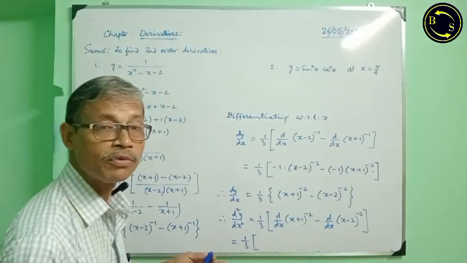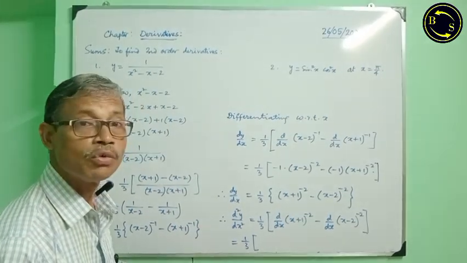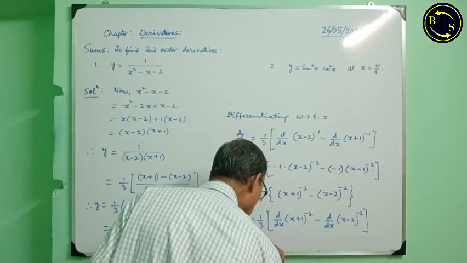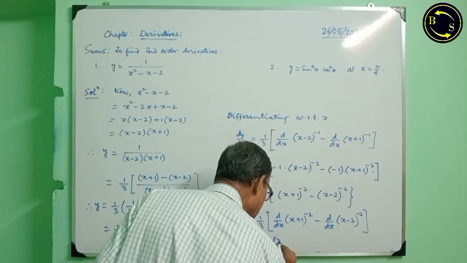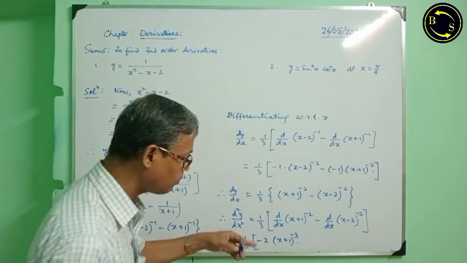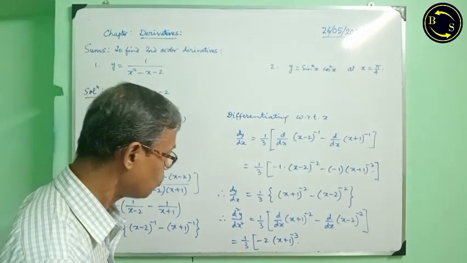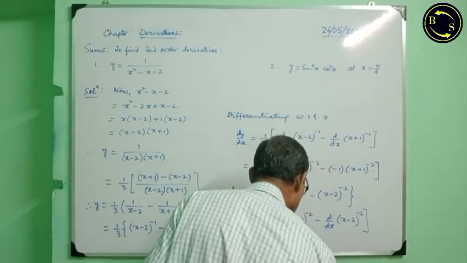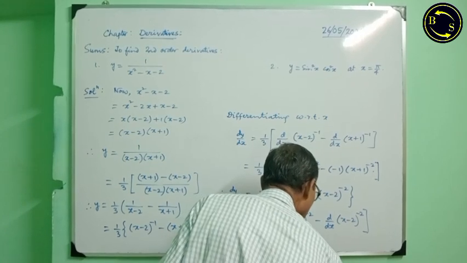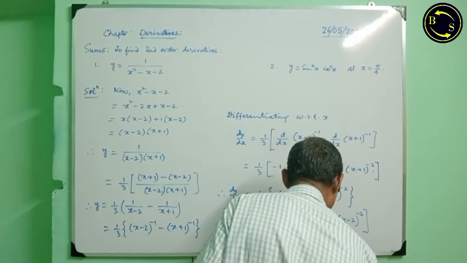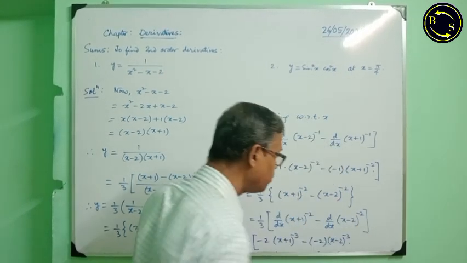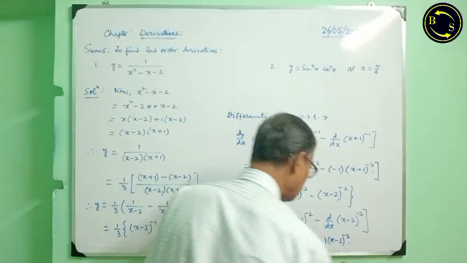Therefore, the derivative of u to the power minus 2 with respect to u is minus 2 u to the power minus 3, into the derivative of x plus 1, that is 1, not writing that, minus 2 (x minus 2) to the power minus 3 into the derivative of x minus 2, that is 1, not mentioning that.